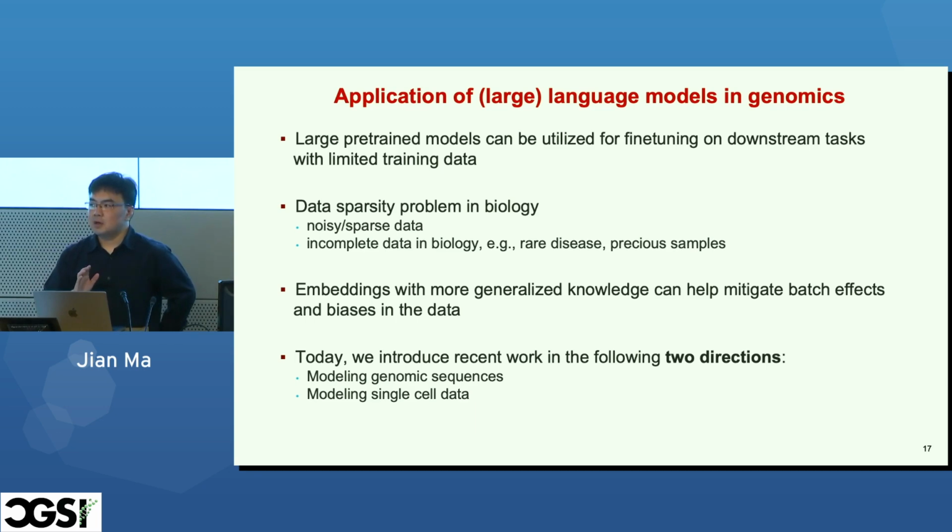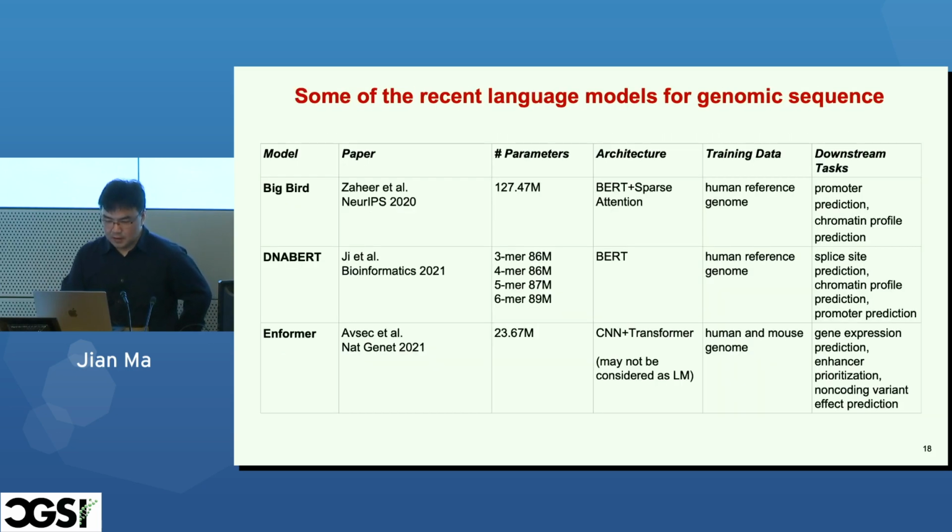There's also a lot of development in protein structure and function modeling, which I won't cover today. I will talk about topics that are more relevant to genomics. One is modeling the genome sequences, and the second is modeling the single-cell gene expression data that we have heard a lot about this week.